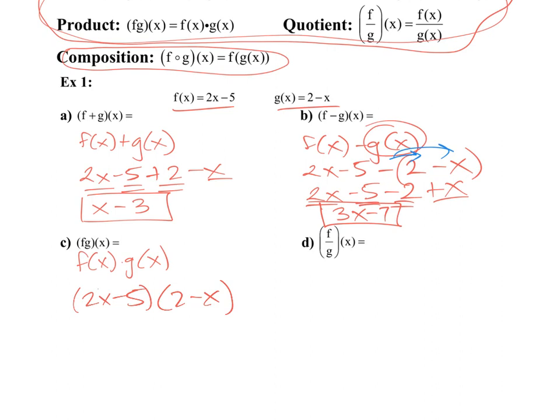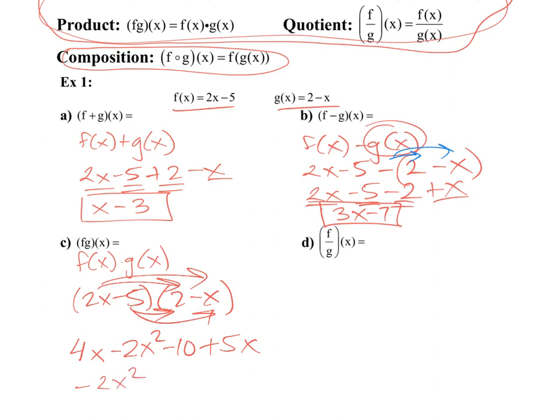And we simply FOIL, since we're multiplying two binomials, and we get 4x minus 2x squared minus 10 plus 5x. Combining like terms and shifting pieces around, we got the like terms here, 9x, and then minus 10. That's what we're left with. Can't do anything else with that.